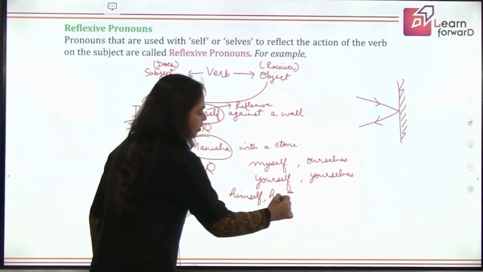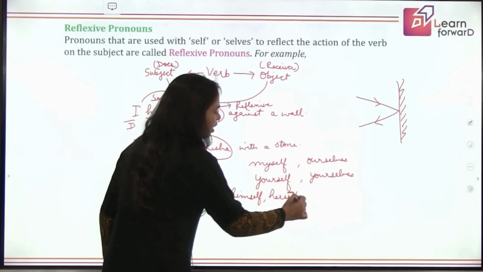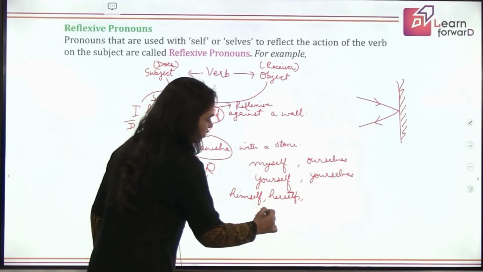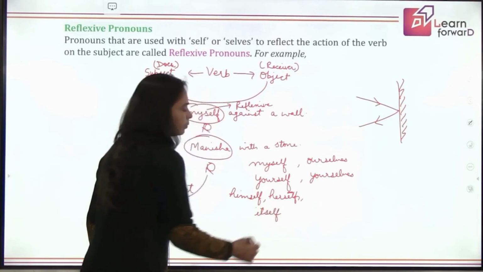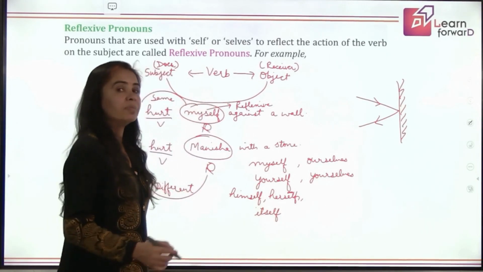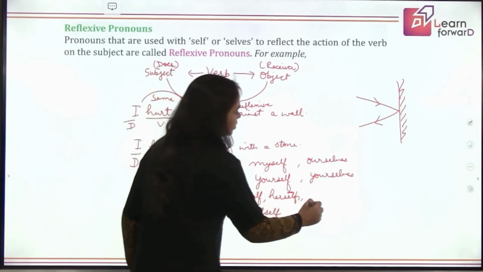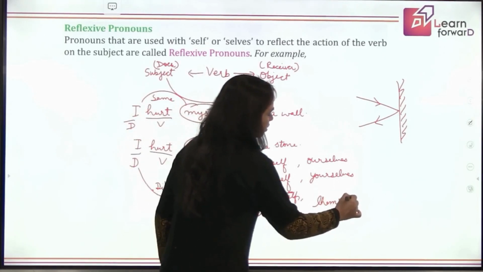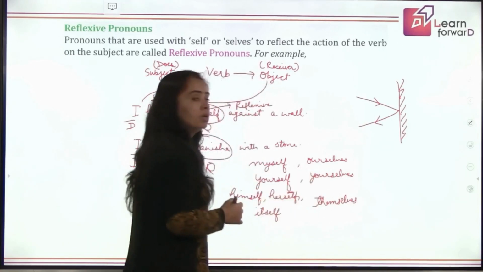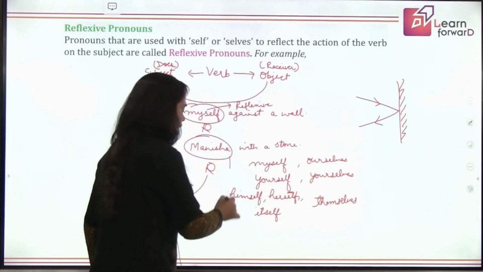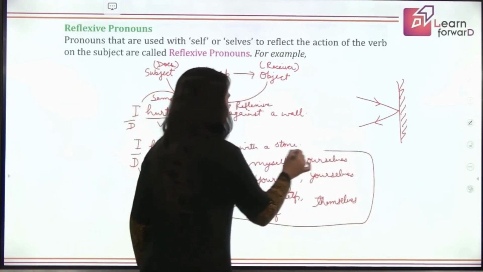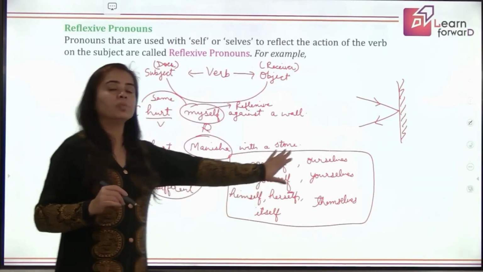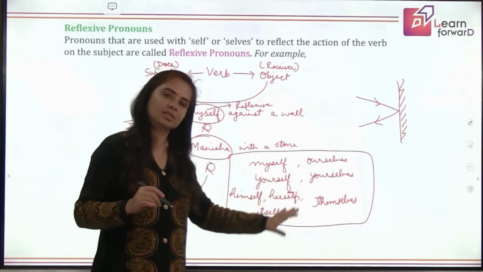For feminine we say herself, and for animals and non-living we say itself. And in plural it becomes themselves. Right? So these are all the reflexive pronouns based on the three persons. First person singular plural, second person singular plural, third person singular plural.